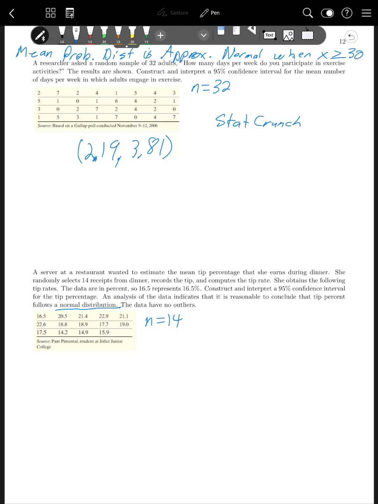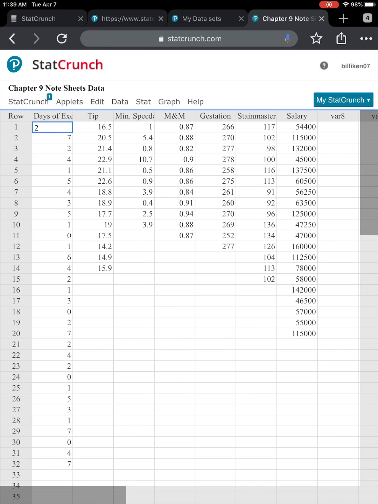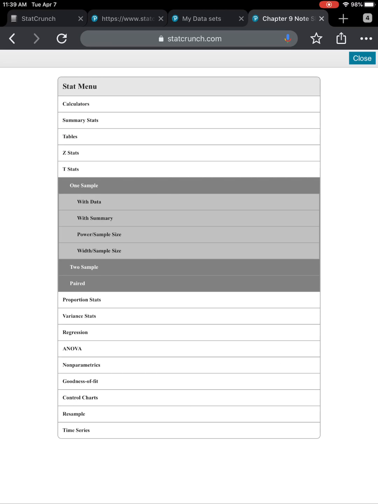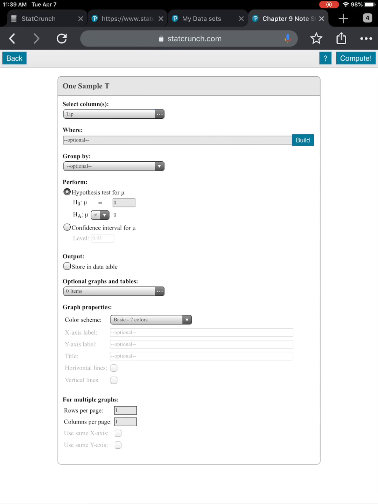If you look at the next one, this isn't a big enough sample size, because we have 14, so we wouldn't be able to assume that it is approximately normal. However, this one tells us that it does follow a normal distribution. So you can go ahead and do the Statcrunch exactly the same way.